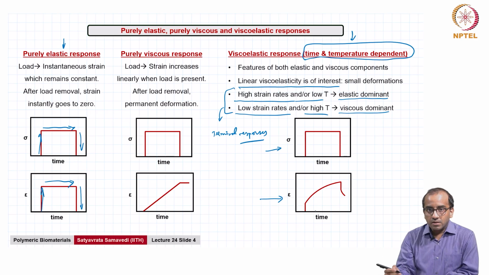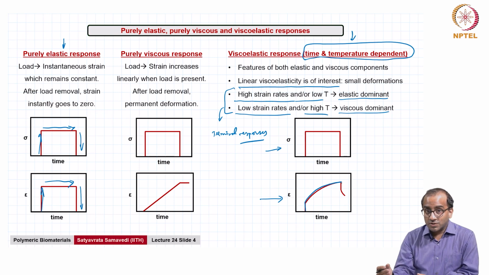Initially when a sudden load is applied, it seems that there is a sudden jump in deformation, perhaps indicating an elastic dominant kind of response, but thereafter the deformation as a function of time is changing.